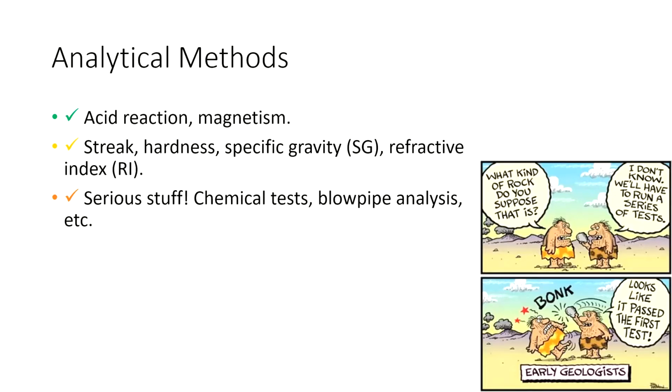Then you've got a yellow tick for streak, hardness testing, SG, refractive index, because that is a little bit more difficult to do with micros in particular. And then you get into the more serious stuff in the home, and people like Paul will do some of this sort of stuff. Chemical tests, the old style blowpipe analysis and so on.